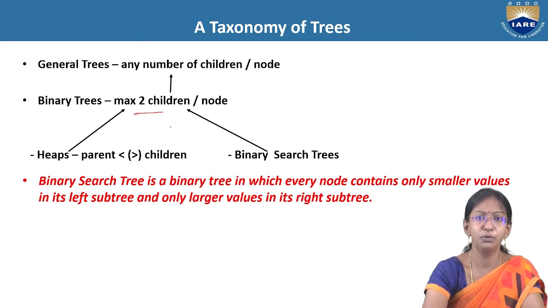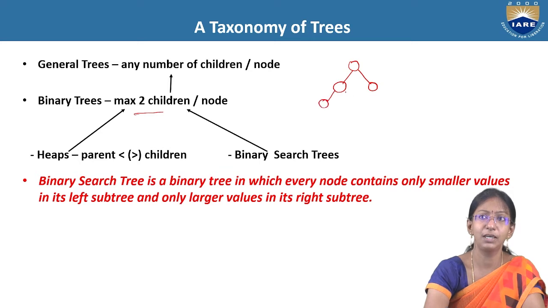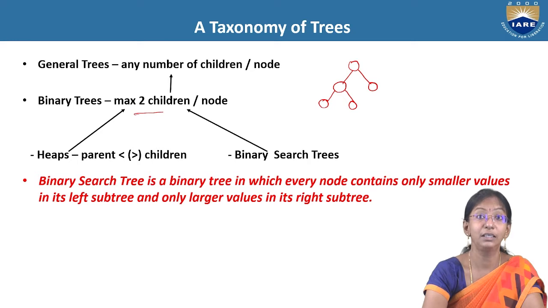If a node has two children, can we categorize saying that the root has a left child and a right child, and the left child has another left child and a right child? So the two directions are defined.